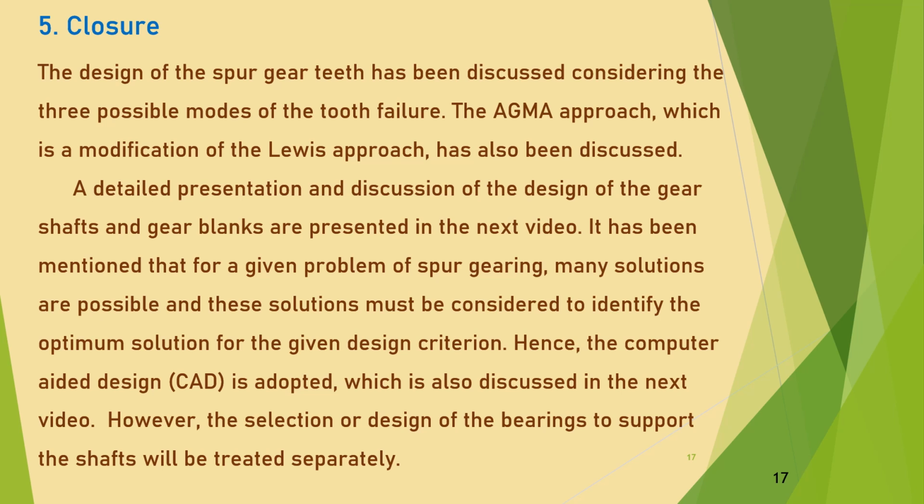It has been mentioned that for a given problem of spur gearing, many solutions are possible and these solutions must be considered to identify the optimum solution for the given design criterion. Hence, computer-aided design is adopted, which is also discussed in the next video. However, the selection or design of the bearings to support the shafts will be treated separately.